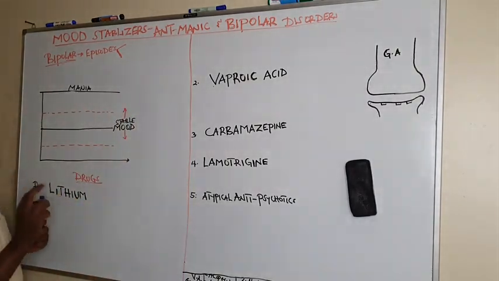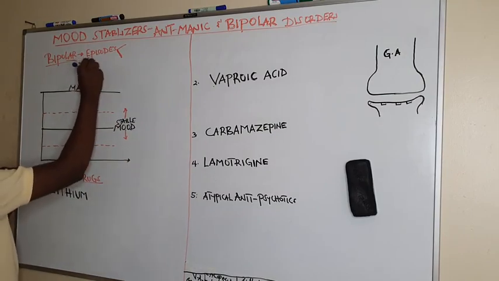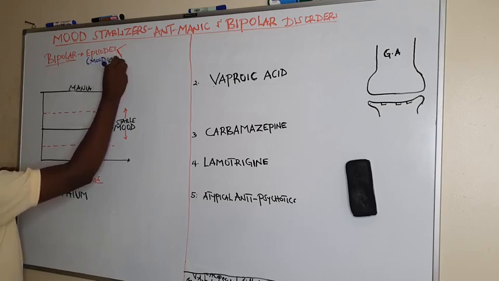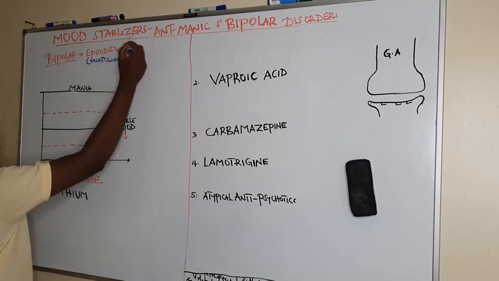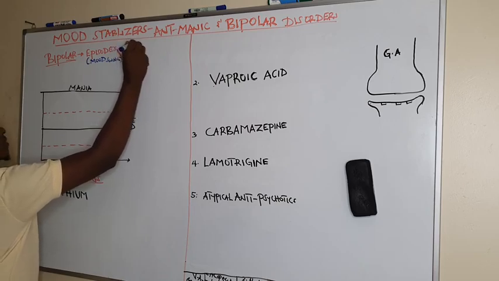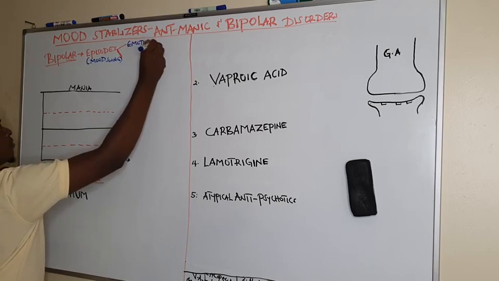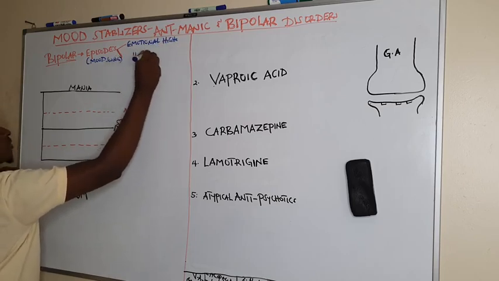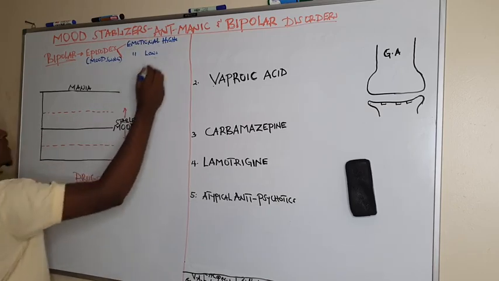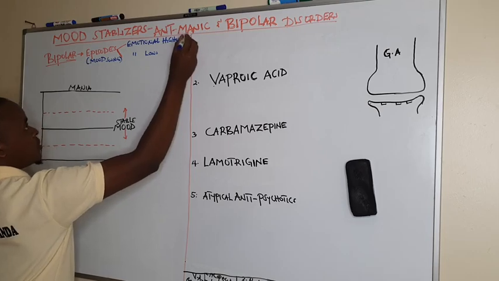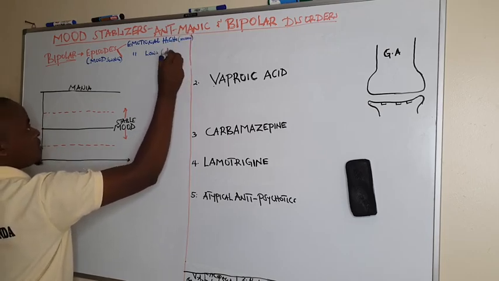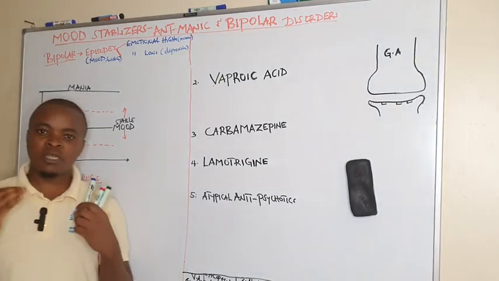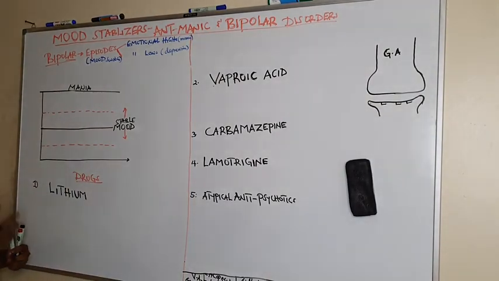These are episodes of mood swings, and these mood swings comprise emotional highs and emotional lows. Emotional highs are mania, and emotional lows are depression, which we shall not discuss in this video because there is a previous video on depression and the different drugs used to treat it.